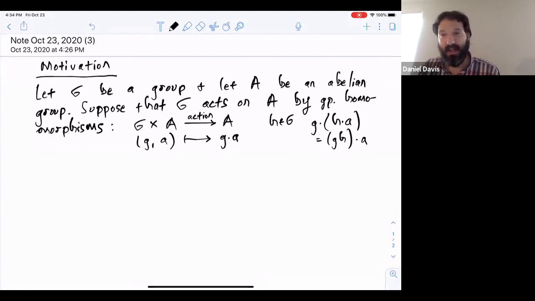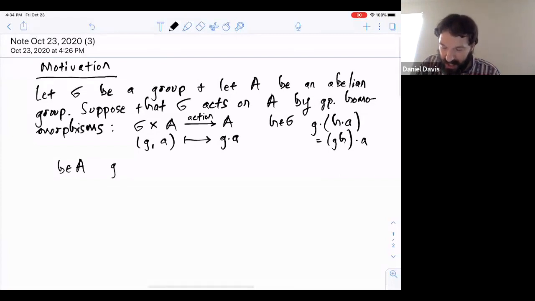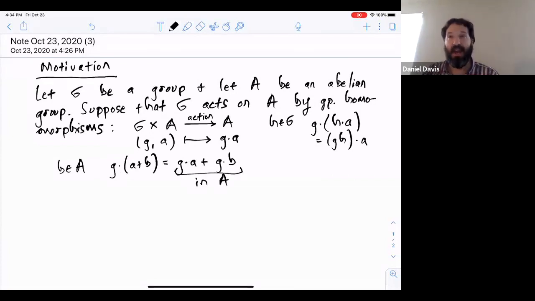Okay, and so the fact that G acts on A by group homomorphisms means that, suppose b is in the abelian group, then the action of g on a plus b inside the abelian group is equal to the action of g on a plus the action of g on b. And this sum is occurring inside of A.